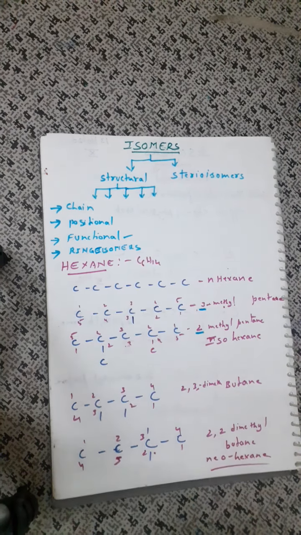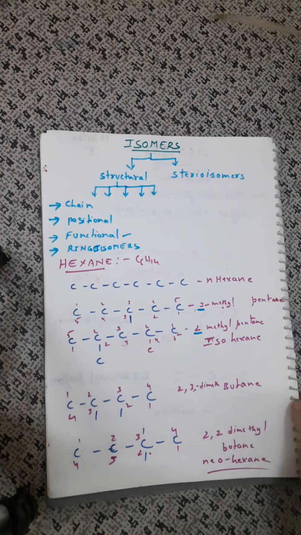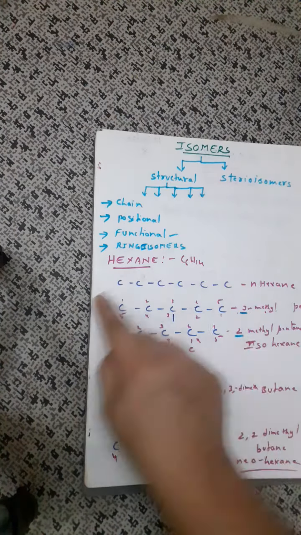Now what are these? If you remember, in the beginning we learned that hydrocarbons exist in broadly two categories: one is the chain hydrocarbons and the other is cyclic hydrocarbons. Now what are cyclic hydrocarbons? They exist in a cyclic form, instead of being in straight chains.